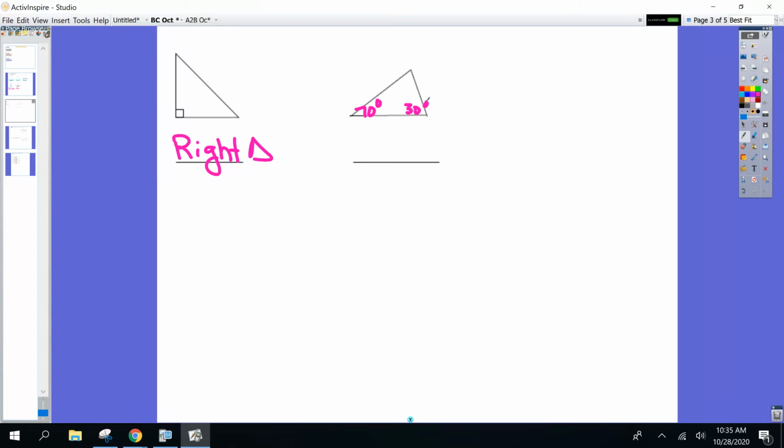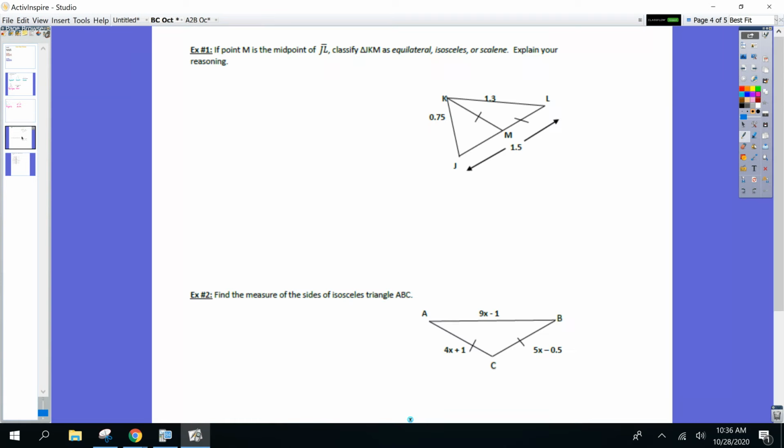All right, this type of triangle. You could find the other angle if you want, but it's not needed. This triangle would be? Acute. Got it. So I can name a triangle based on its sides or based on its angle measurements. I'm sure you've heard of all these triangles, maybe not the equiangular, but most of them. All right, perfect. Let's actually work with some of these now.